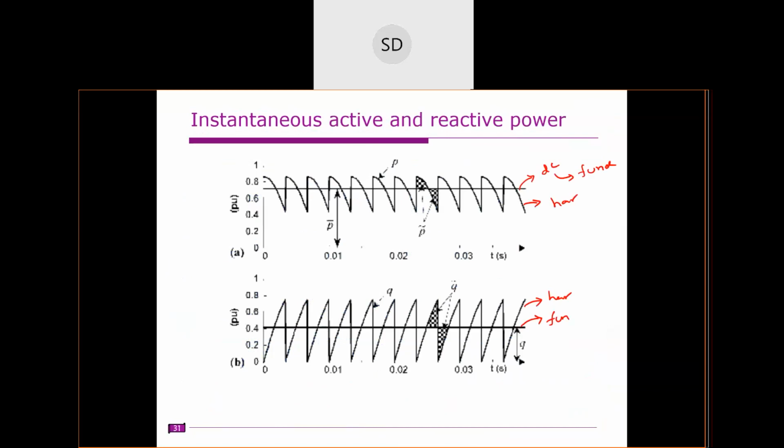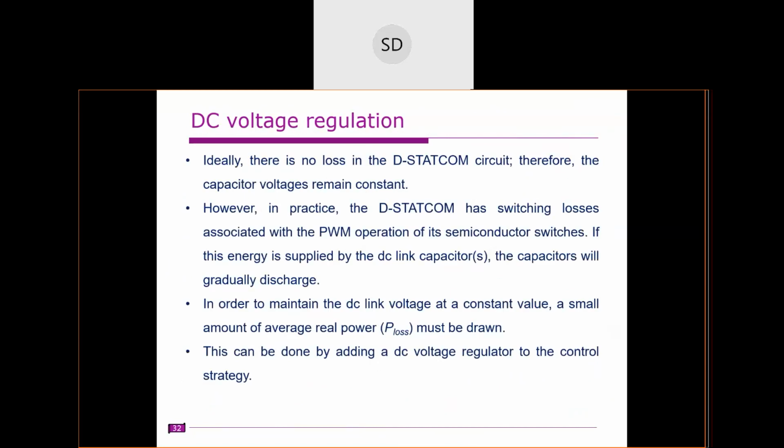So this is what was discussed. Ideally there are no losses in this STATCOM circuit, so the capacitor voltage remains constant. However, in practice, the STATCOM has switching losses associated with the PWM operation of semiconductor devices. If this energy is supplied by the DC link capacitors, the capacitor will be gradually discharged.